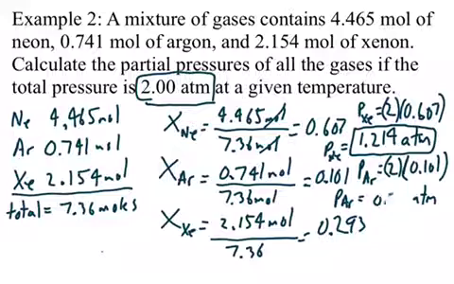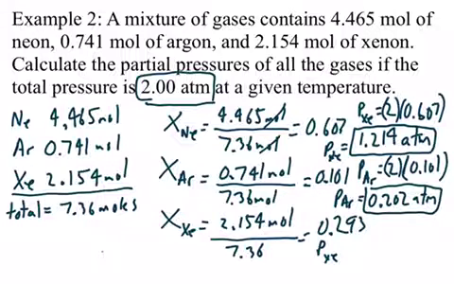Let me write that a little bit clearer. All right, that didn't come out very good. One more time. This will be 0.202. And then our final one, let's put a little box here, is going to be the partial pressure of xenon. And that's going to also be 2 times 0.293. And when you multiply those two numbers, you're going to get 0.586 atms.